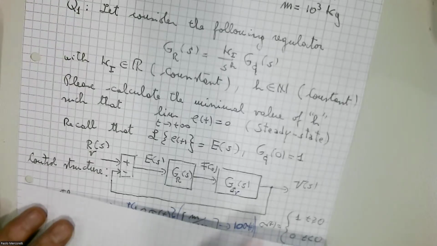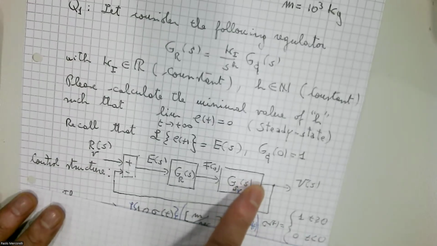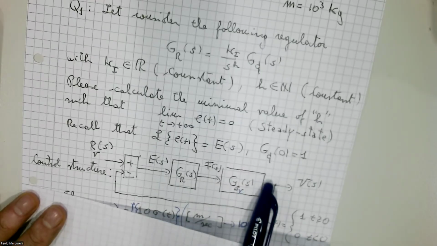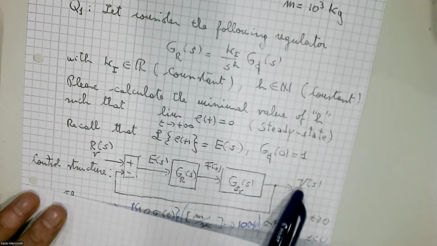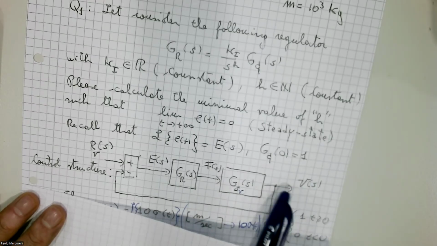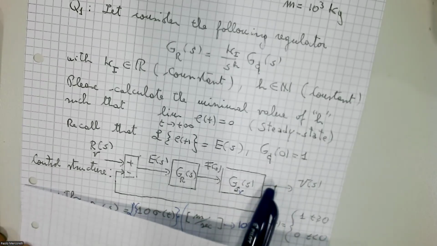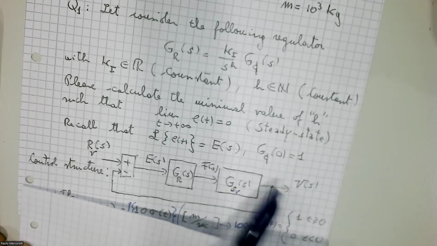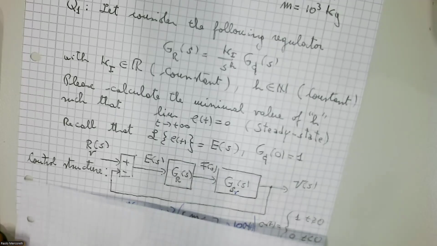This is nice because I received a request. You remember when we have a disturbance here, if you look at the past lecture, I can calculate the transfer function between the disturbance and the output. I don't have time to show you again, but just conceptually, I can calculate the transfer function between the disturbance and the answer. Disturbance and velocity.